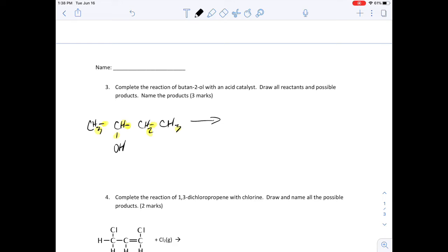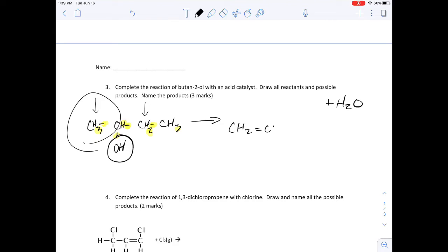So really, the only reasonable thing that can happen is going to be an elimination reaction. So an elimination reaction will take the hydroxyl and an adjacent hydrogen to make water. And that adjacent hydrogen could come from here or here. So if the hydrogen came from here, it'd be CH2, double bond CH, CH2, CH3, and a water.